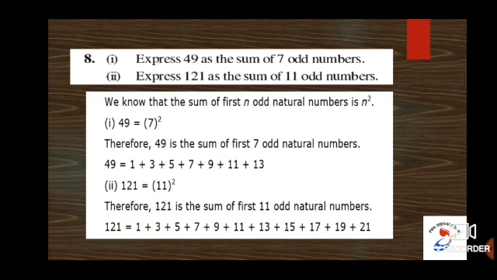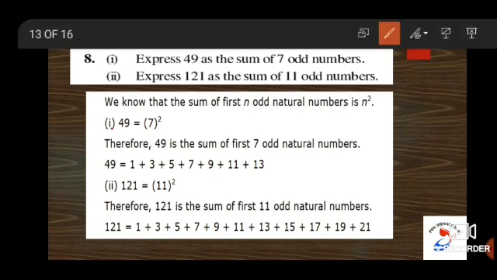Subdivision 1, express 49 as the sum of 7 odd numbers. Subdivision 2, express 121 as the sum of 11 odd numbers. Children, we already know 49 is nothing but 7 square. So you have to take 7 odd numbers and write as the sum. So 49 can be written as 1 plus 3 plus 5 plus 7 plus 9 plus 11 plus 13.